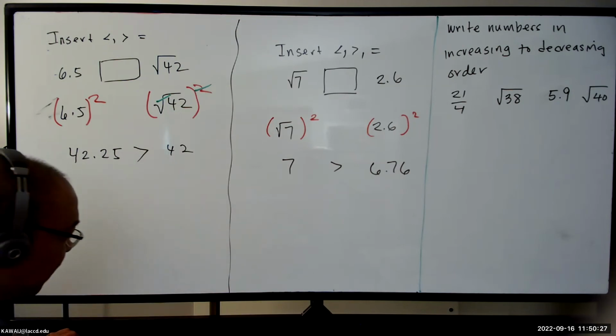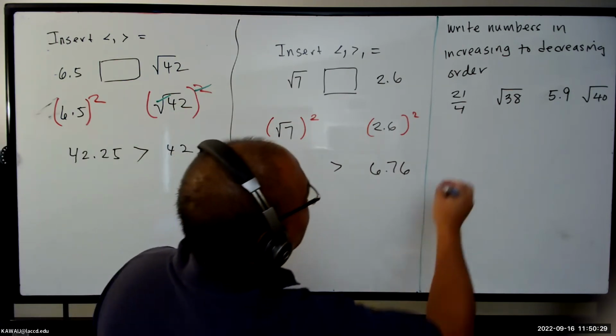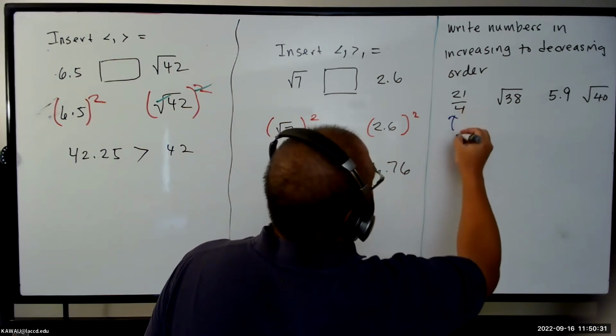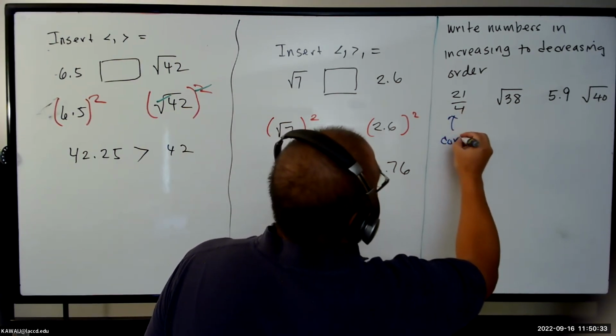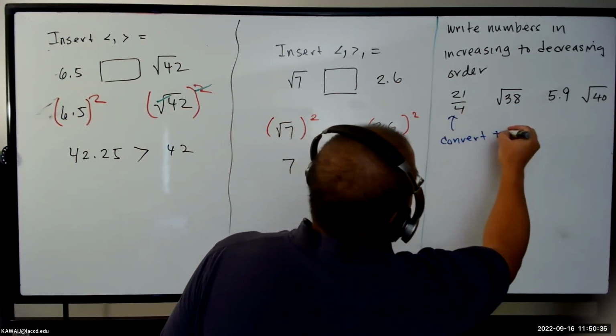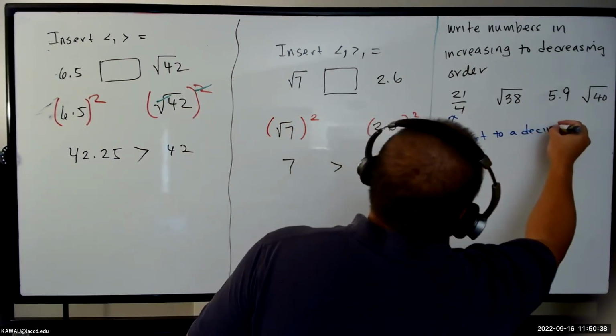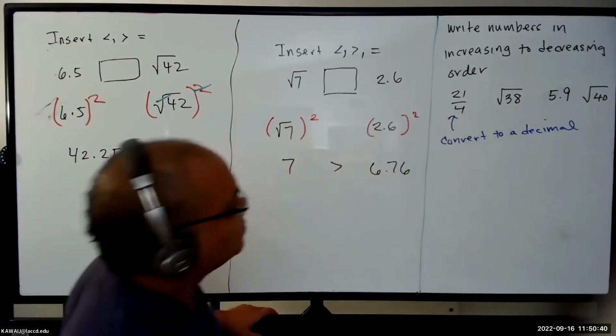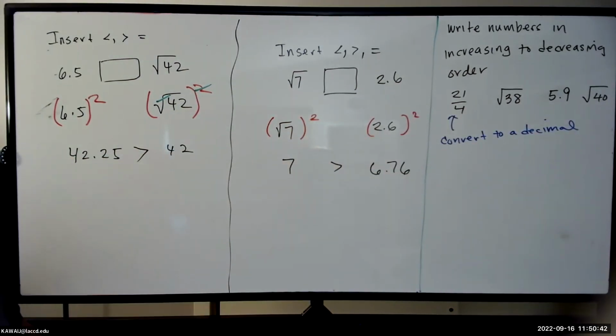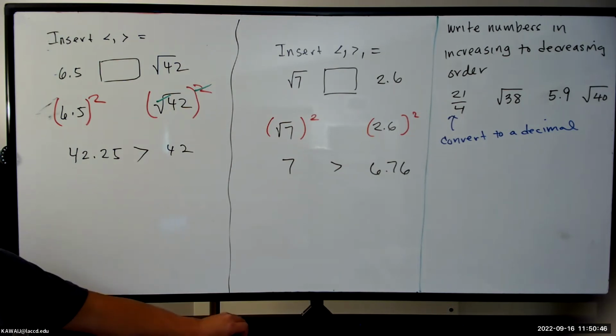So whenever they give you a fraction, what they want you to do is convert to a decimal. Okay, it's a lot easier to convert decimals than it is fractions or anything else.